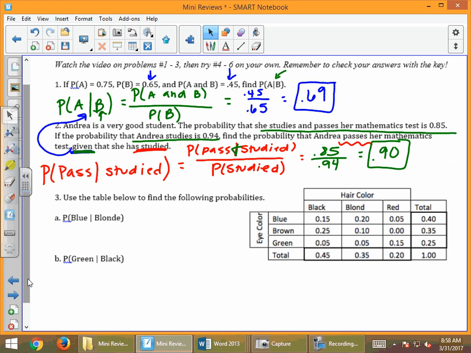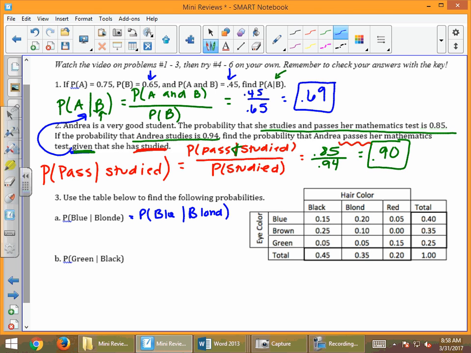If we take a look at 3, we're going to use our table. You want to find the probability that you have blue eyes given you have blonde hair. And it's nice, the table's in decimals, so the probabilities are already written out. You just have to follow that formula. Okay? Probability of blue given blonde over the probability of blonde. Probability of both over the probability of the second.